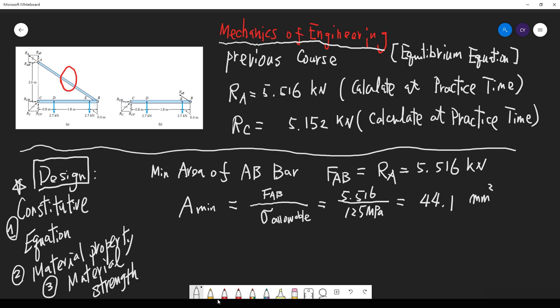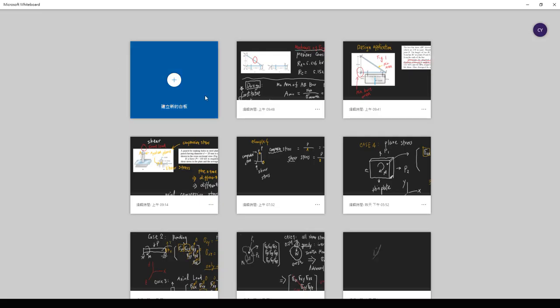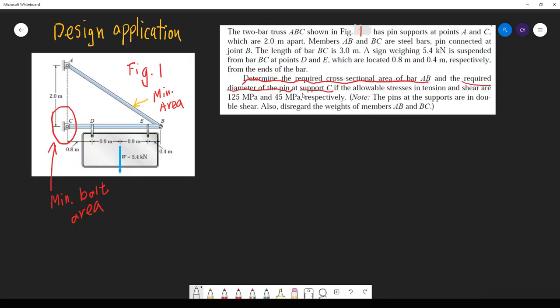So that is the minimum area here. From here, we may go back to what it already gives us: the allowable stress 125, and the allowable shear stress.